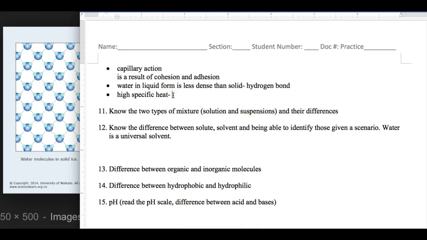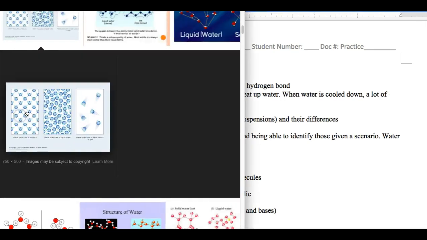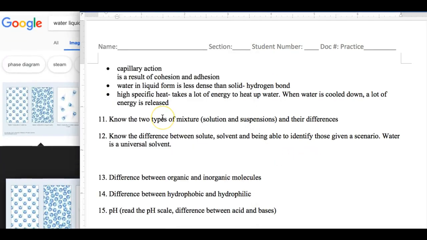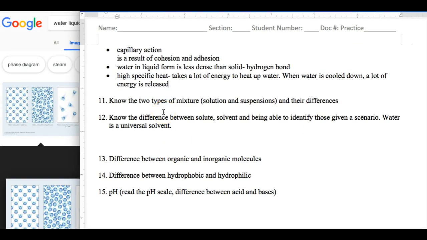High specific heat: it takes a lot of energy to heat up or cool water. And when water is cooled down, a lot of energy is released. So in order for a liquid to be heated up, those molecules have to move faster.